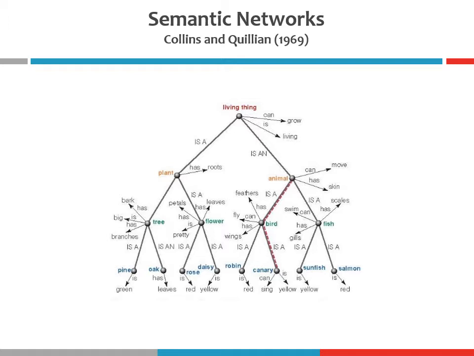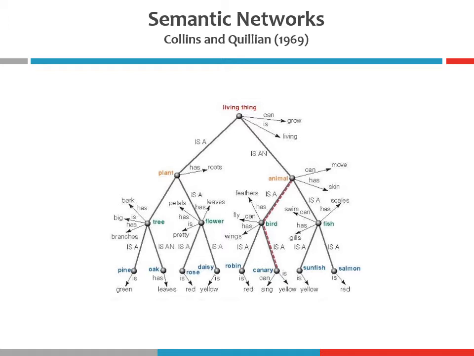Okay, and they're also connected in such a way that not only is each node going to represent a category or concept, with related concepts connected, in addition, properties associated with each concept are going to be indicated by nodes.